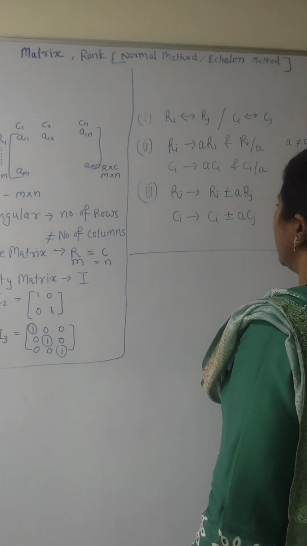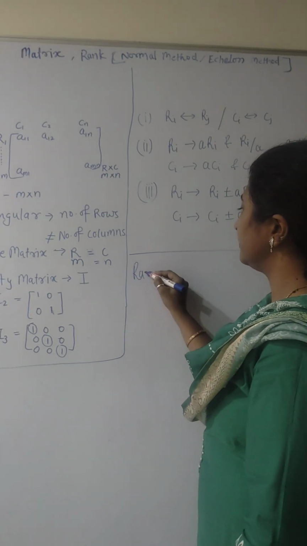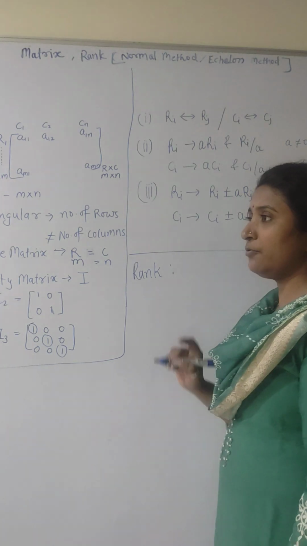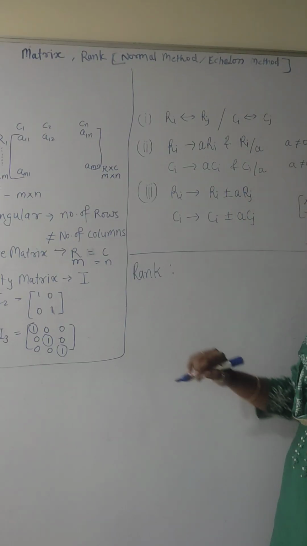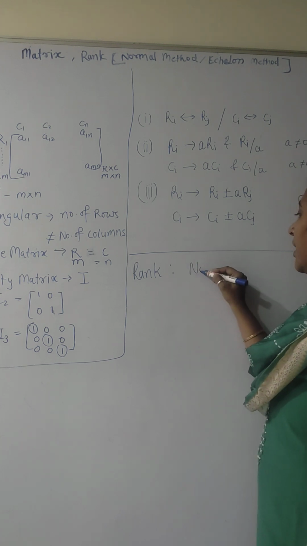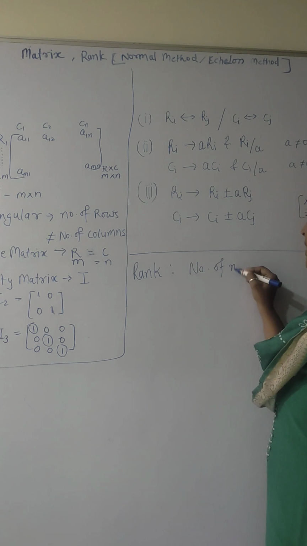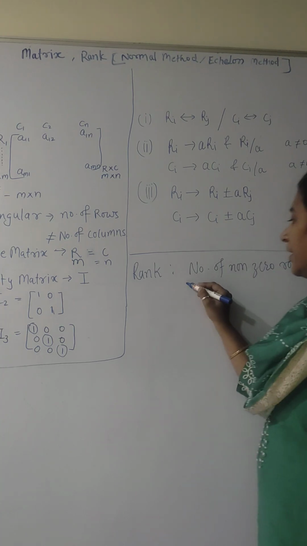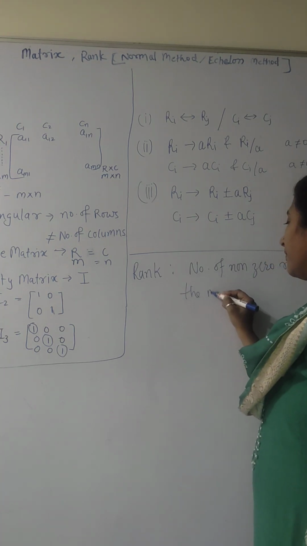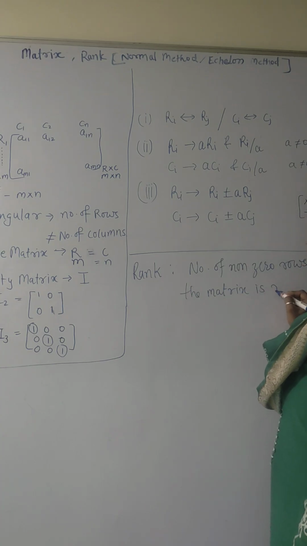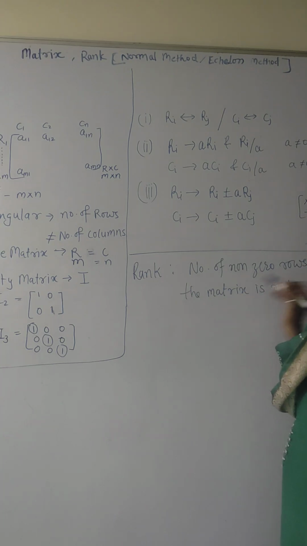Now, what is rank? When we reduce the matrix by the normal method or echelon form, the number of non-zero rows in the matrix is the rank.